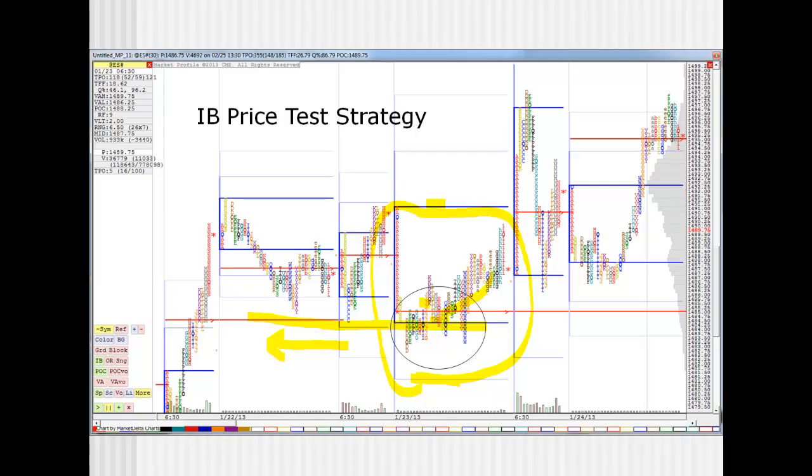As a matter of fact, it will take a little bit of time, but ultimately you're going to make it to your target, which is the initial balance high up here. Now, you would not have made the target in the same day, but look at what happens the following day. Bam. The A period takes you right up there to the high of that day.